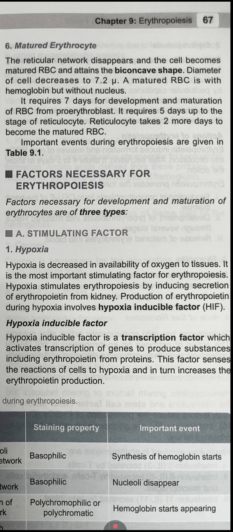So from first stage to mature RBC, it takes 7 days of development, and it requires 5 days up to the stage of reticulocyte. Reticulocyte takes 2 days to become mature RBC. So 5 days for other stages and 2 days only for reticulocyte to become mature RBC.